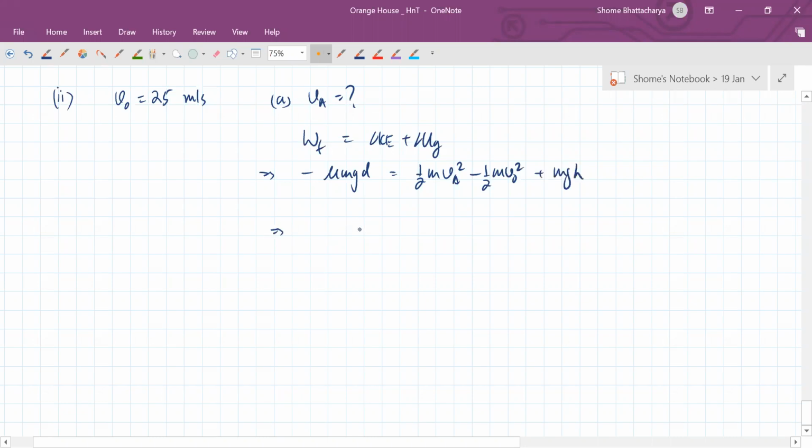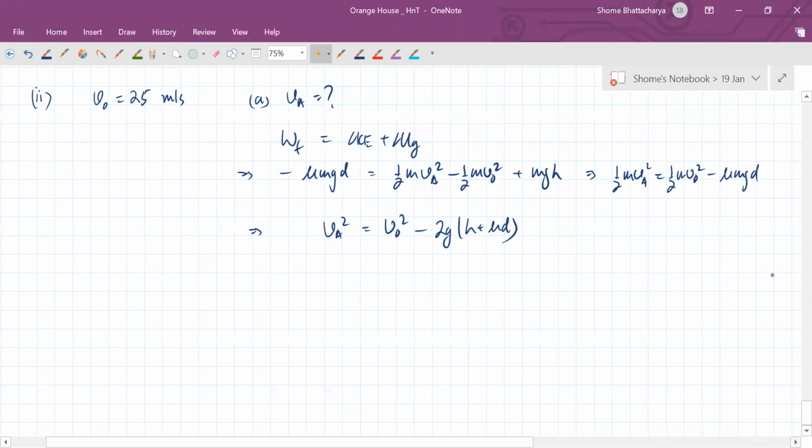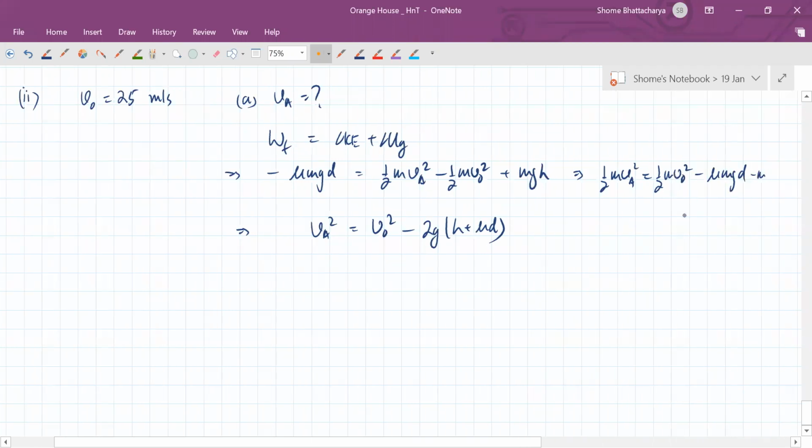So from this you can see that Va square will be V naught square minus 2g into h plus mu d. Now when you calculate this, it will come out to be like this.